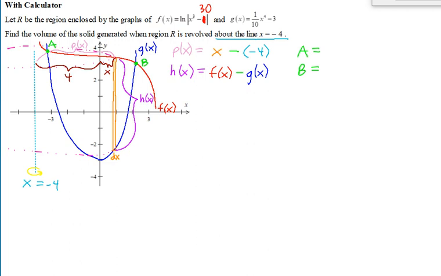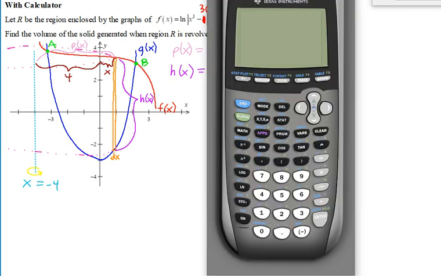So for A, you go second calc, on the 84, intersect number 5. First curve, y1, just hit enter. Second curve, y2, hit enter. And then guess, you can move the cursor over there, or I'm going to guess it's about -3.